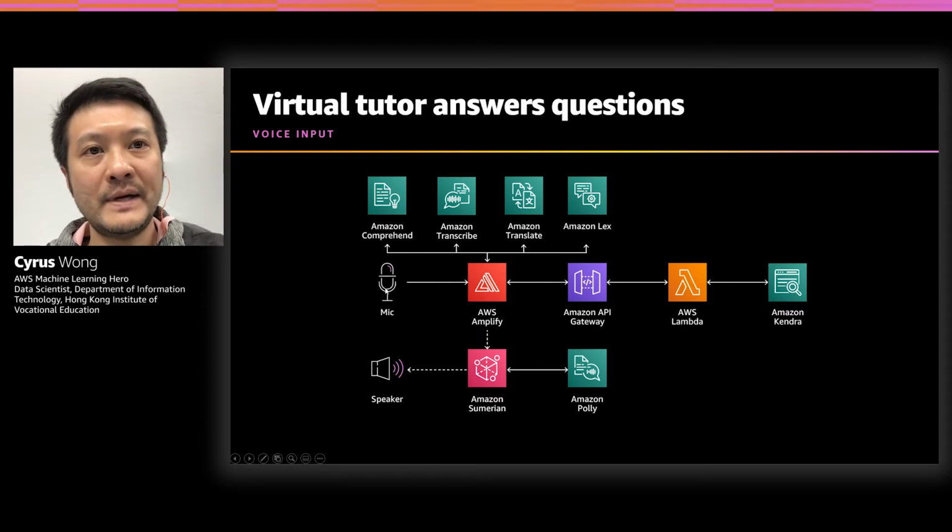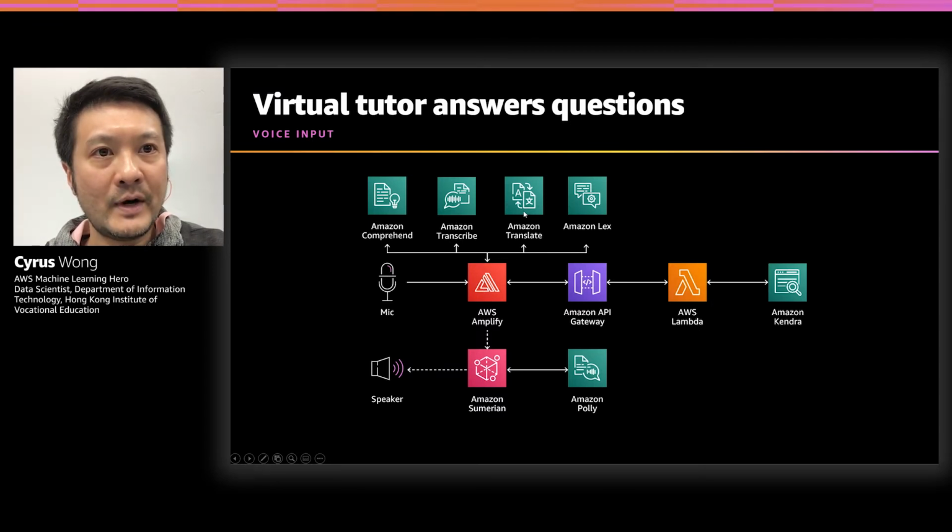The voice information is sent to Amazon Transcribe, a service that converts speech to text to get the text question. The question is then normalized to English, so the student can speak any language that Amazon Transcribe supports.